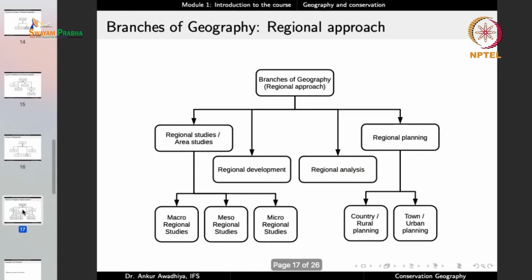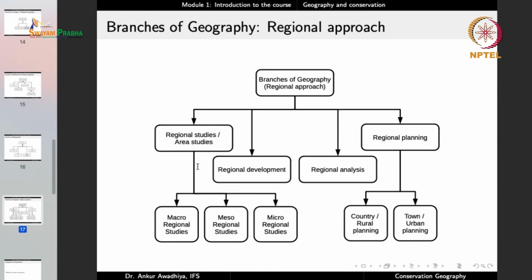And in the case of regional geography, we have several branches. So in the regional approach, we have things like regional studies or area studies. That is, we do a study of the whole area or the region, which can be a macro region, that is a large sized region, a meso region, that is a middle sized region, or a micro region, which is a small sized region. So these are regional studies.